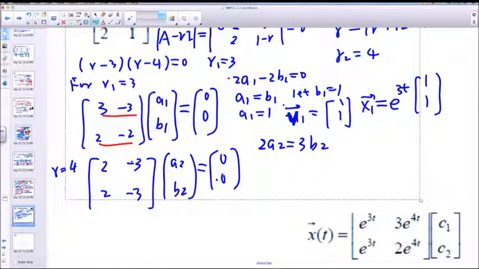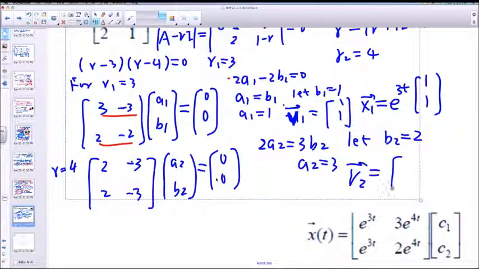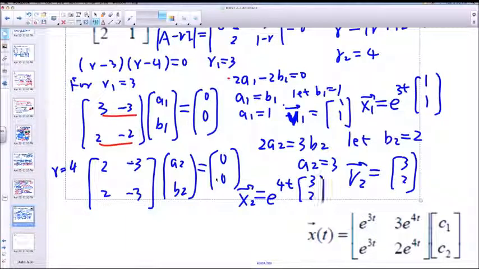In order to make an integer, I take the freedom, let B2 equal 2, then A2 equals 3. I get my second vector is (3, 2). Now your second solution is e^(4t) times (3, 2).